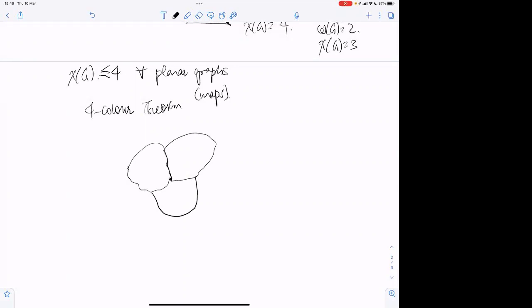On the other hand, if you have a graph like this, then we can color this one and this one with the same color, because they touch only at a vertex.